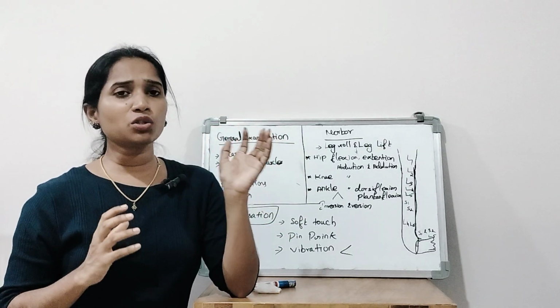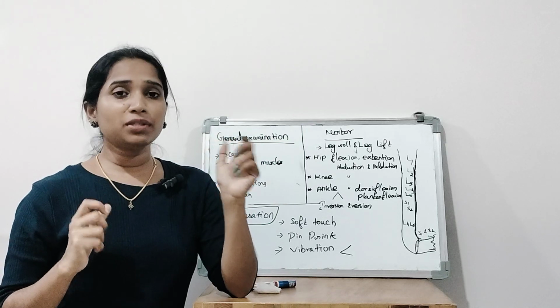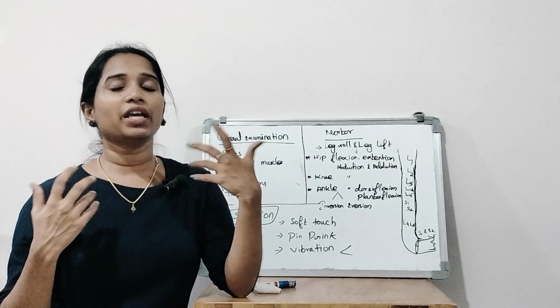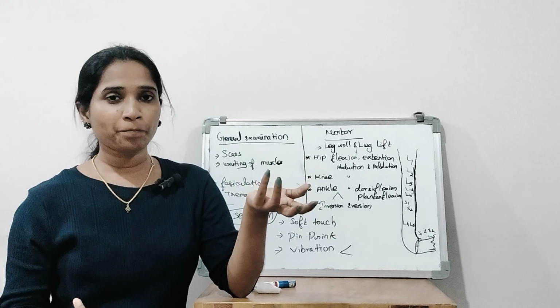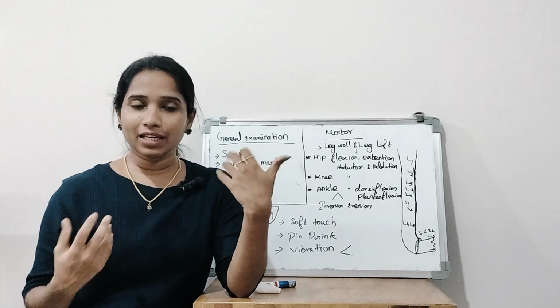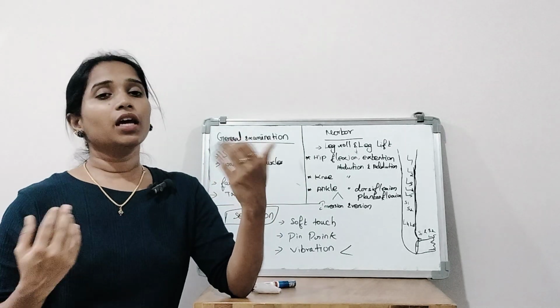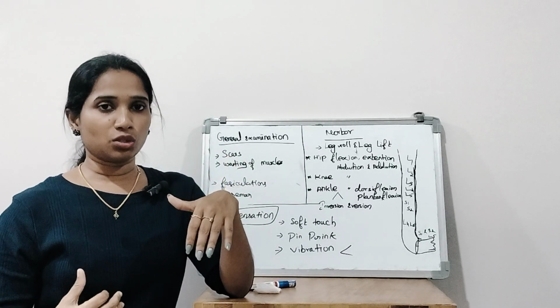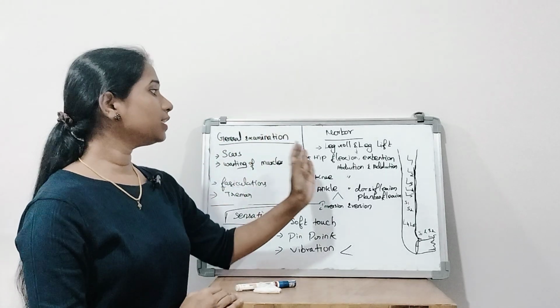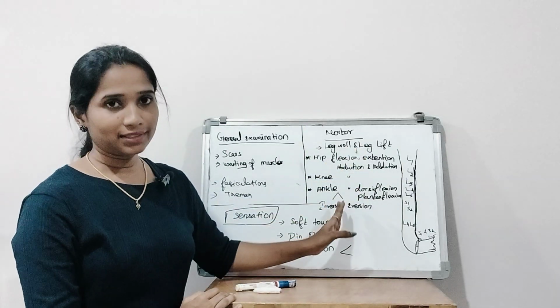If they are able to give full force, then you can give the muscle tone as 5. Otherwise, if the person has hemiplegia or hemiparesis, you should decrease the muscle tone accordingly. Clear? Why are we doing these things?